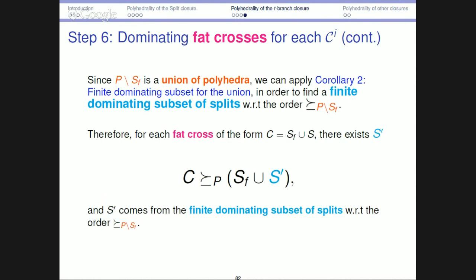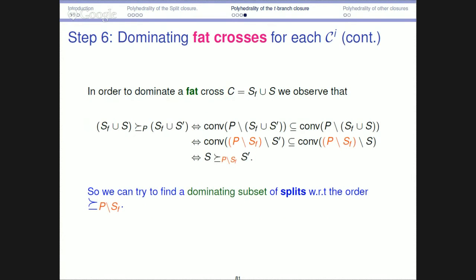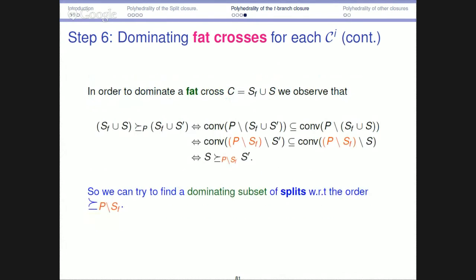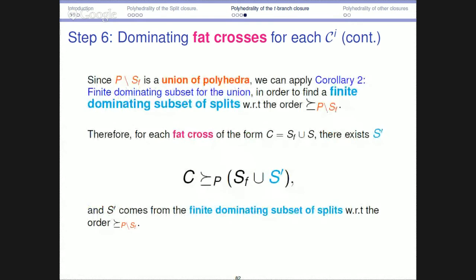Then we can use the second corollary, the one that says that if I dominate for two sets, I dominate for the union too. We can say that any cross of this form will be dominated by one of this form, where S will come from a finite dominating subset of splits, because we have this corollary that works for the union too.